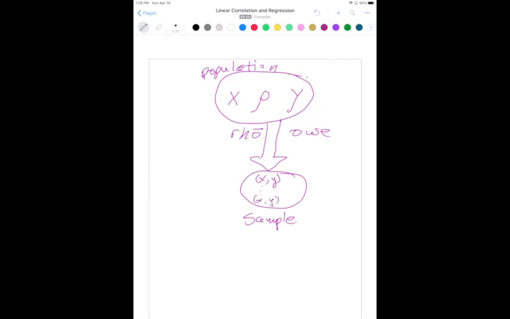And we could calculate a linear correlation coefficient in the sample, and we're going to call that r. And so r is an estimate. It estimates rho. It estimates the parameter in the population.